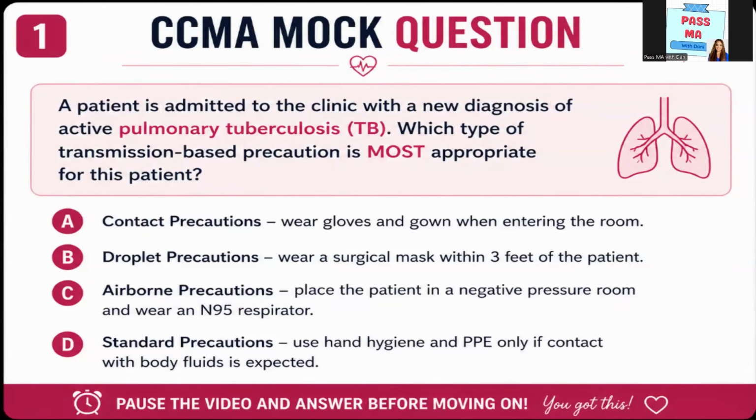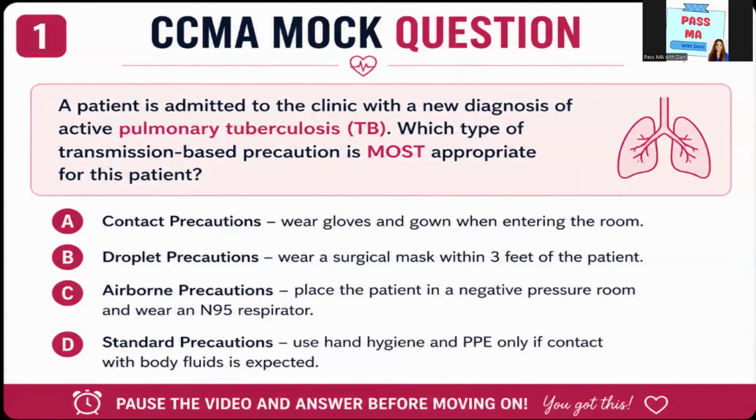Would it be A, contact precautions, wear gloves and gowns when entering the room, B, droplet precautions, wear a surgical mask within 3 feet of the patient, C, airborne precautions, place the patient in a negative pressure room and wear an N95 respirator? Or would the answer be D, standard precautions? Use hand hygiene and PPE only if contact with bodily fluids is expected.